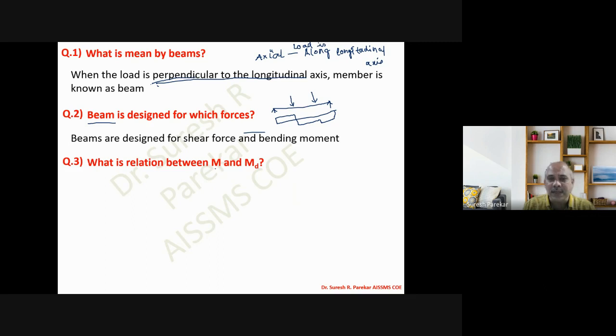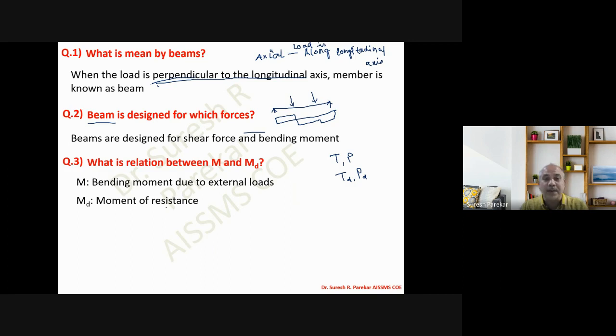What is the relation between M and MD? Now we are well familiar with this. So we have T, P, and then this M. These are the forces which are developed due to external loads. And then MD, so we can have TD, we have seen PD, and then we have MD. These are the properties of the section.